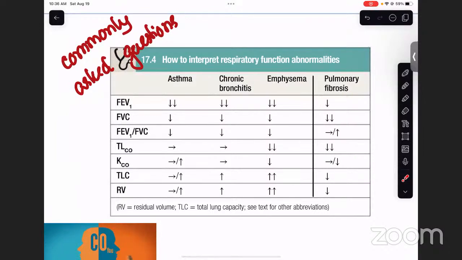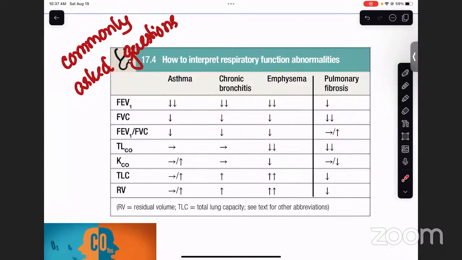In case of pulmonary fibrosis, the interstitium is fibrosed. Fibrous tissue fills the interstitium, and that will reduce TLCO. Okay, how about KCO? In general, if TLCO is normal, KCO is likely normal in obstructive airway disease.